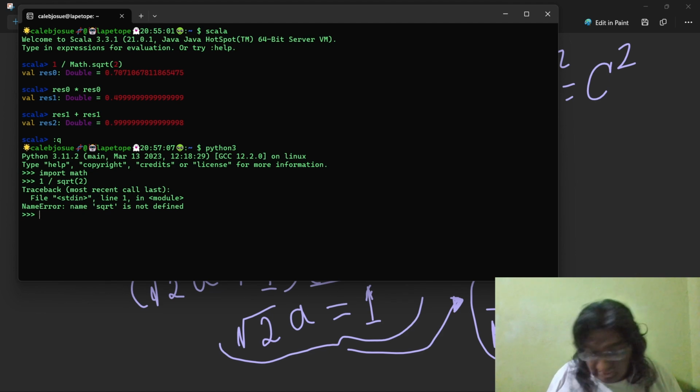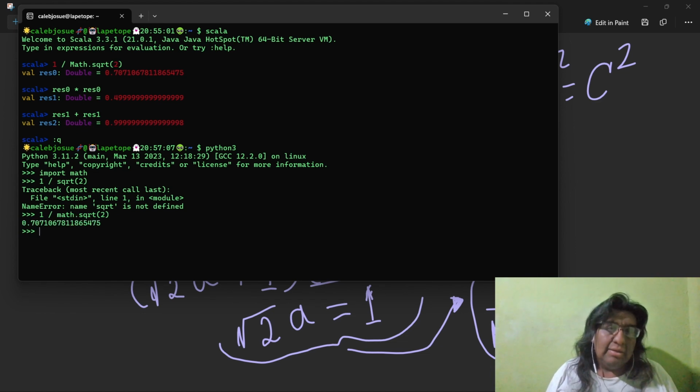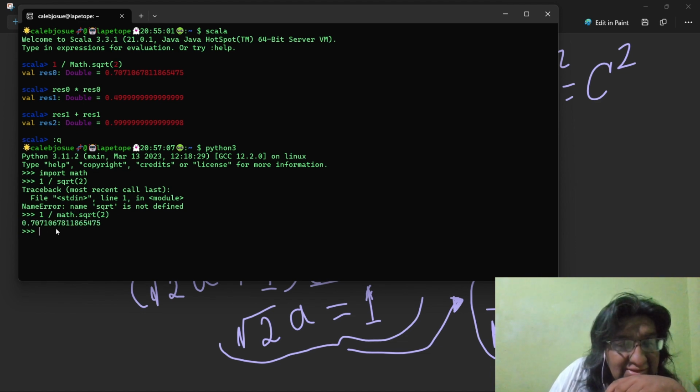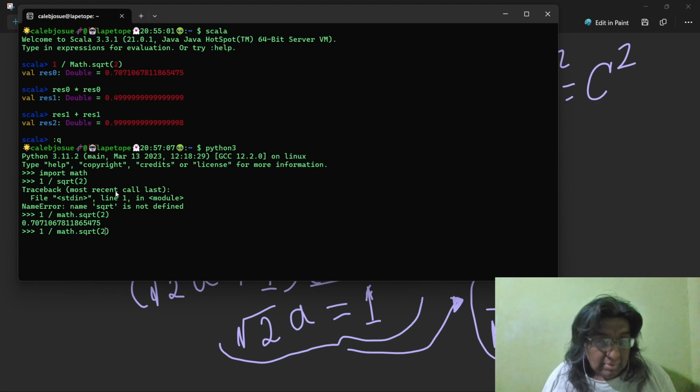It's not defined, but we imported math. Okay, and as you can see, we will end up with the same result. It is varying a little bit. Let's call it a.